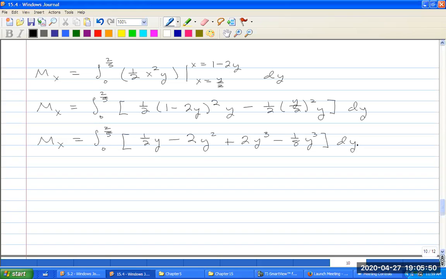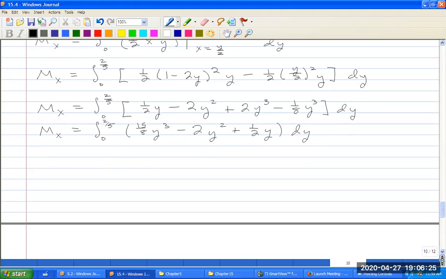So this is equal to the integral 0 to 2/5 of 16 over 8 minus 1 over 8 is 15 over 8 y cubed minus 2y squared plus 1/2 y, which is actually the same thing we got from before. I'm just multiplying it by y, an extra power of y.